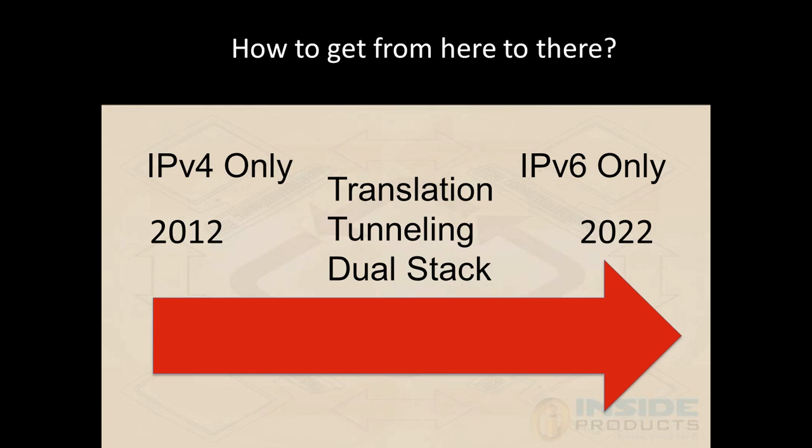Let's take a moment and think about why we're talking about transition techniques. The problem is that IPv4 and IPv6 are incompatible protocols. So if you're using IPv4, you have to integrate IPv6 into your network in such a way that it doesn't conflict with IPv4.